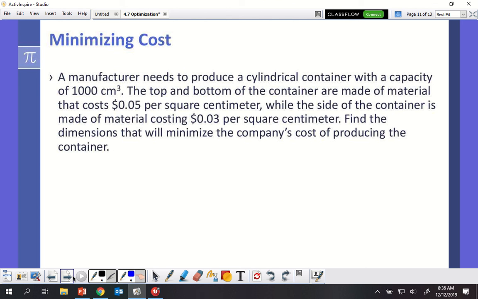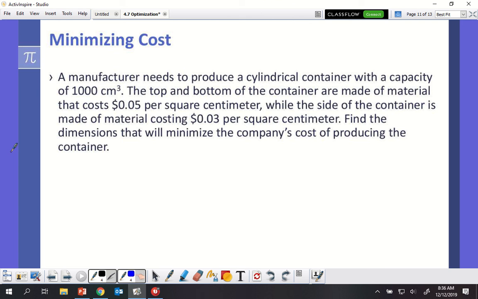So if I gave you the velocity and I wanted you to find the position, you would do the antiderivative. So you start with position, velocity, acceleration, right? Or if I give you acceleration and want to find the velocity, that's what you have to do.